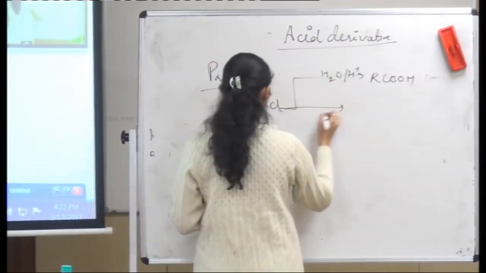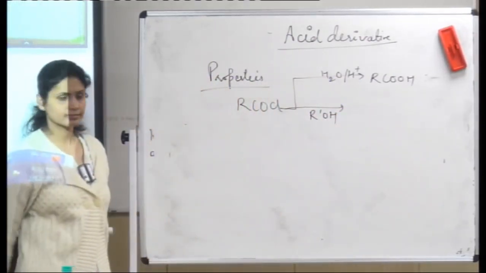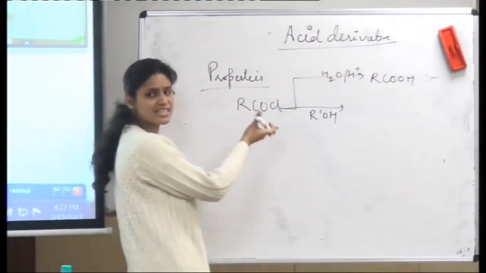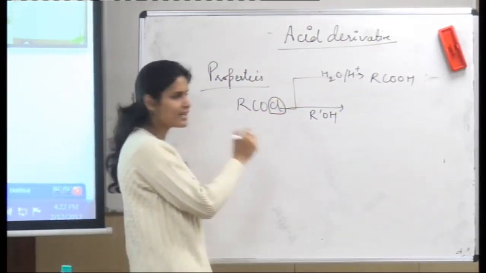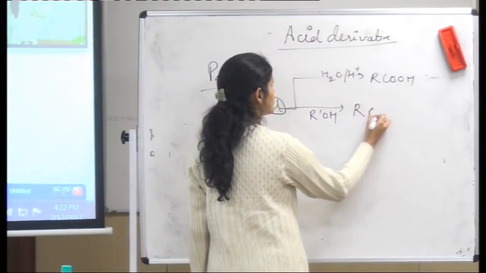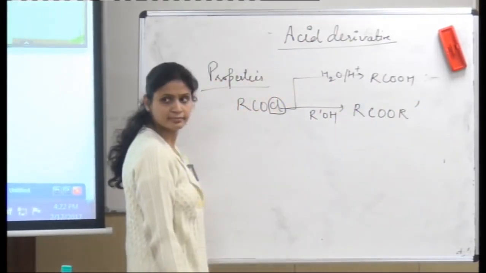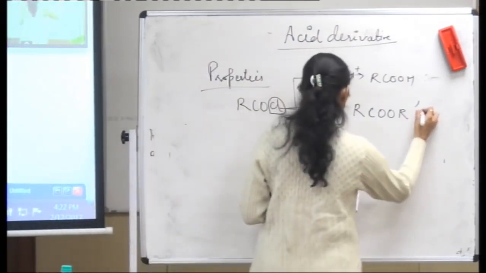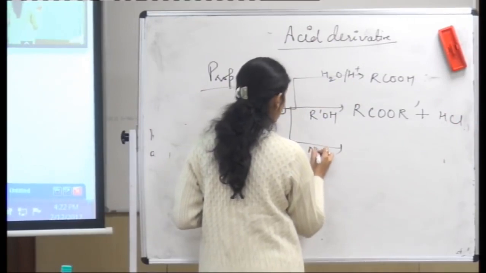What about R-OH? Again, this is kind of an ester formation because this is again a derivative of acid only. It will result in RCOR dash, right? And HCl.